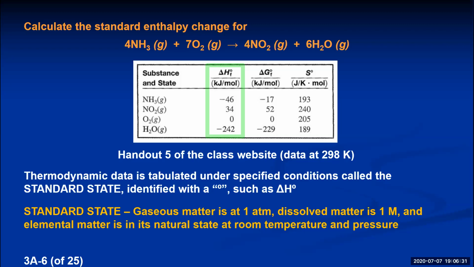And then if you have any elemental matter, and we have one thing that's elemental here, that's O2, the elemental matter is always in its natural state at room temperature and pressure. So how does oxygen exist at room temperature and room pressure on Earth? It exists as diatomic molecules, and it exists as a gas. So the standard state for an element would be how it's naturally found at room temperature and room pressure on Earth.